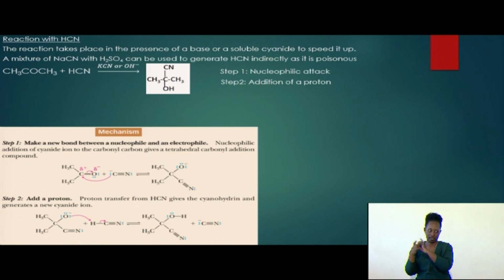And then the negative intermediate in the next step will use its negative part to take the proton from another molecule of hydrogen cyanide, and then we get what? We get a cyanohydrin. The general name of these compounds containing OH and the cyanide group is a cyanohydrin. So that is the example.